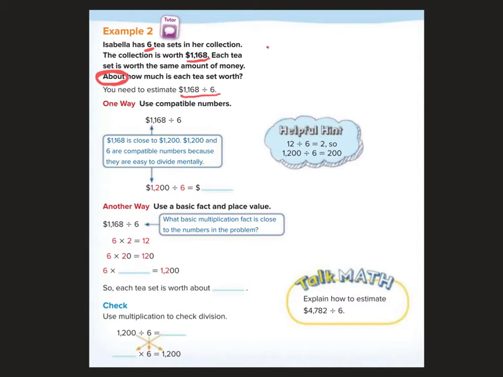So again, I'm going to take that number, 1,168, and do multiples of 6: 6, 12, 18, 24, 30, 36, and so on. Okay? So I'm going to look at the 1.